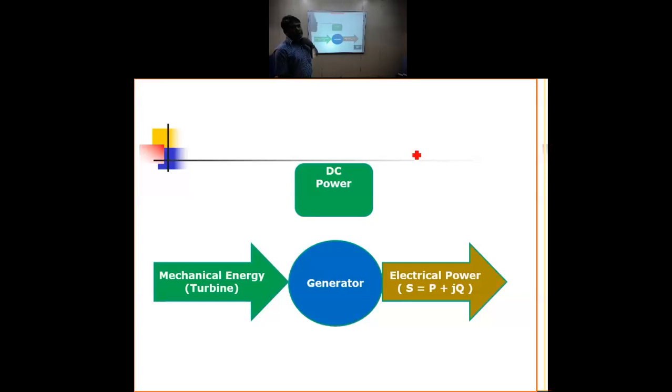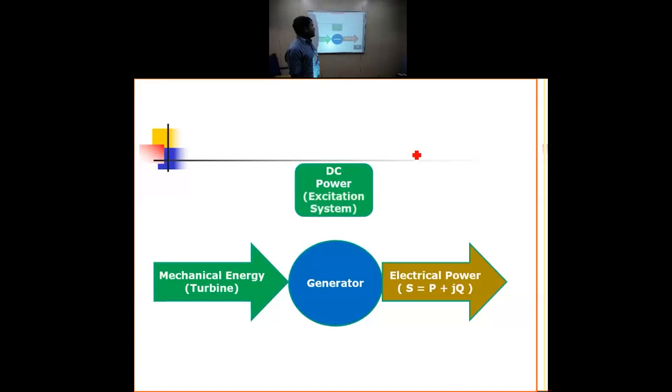Inside the magnetic field, when the turbine is rotating, there is a flux cutting action, and due to that flux cutting action, the power is generated. So magnetic field creation is necessary. In this class, you will be learning about how that magnetic field is created inside the generator, that means how the magnetic field structure is excited from DC power.